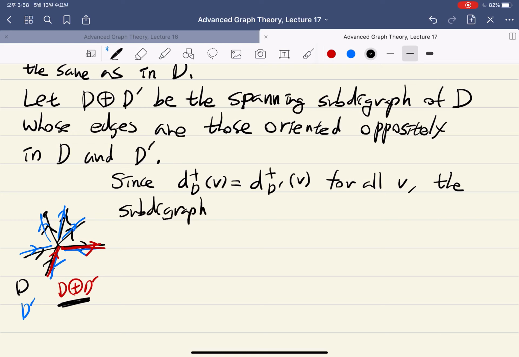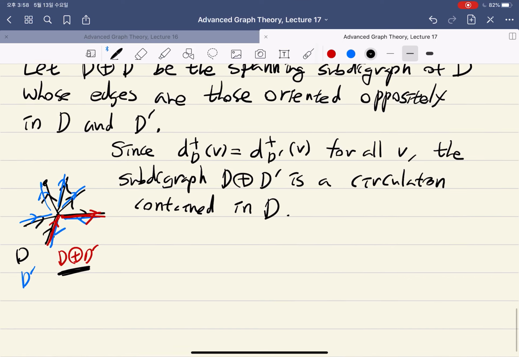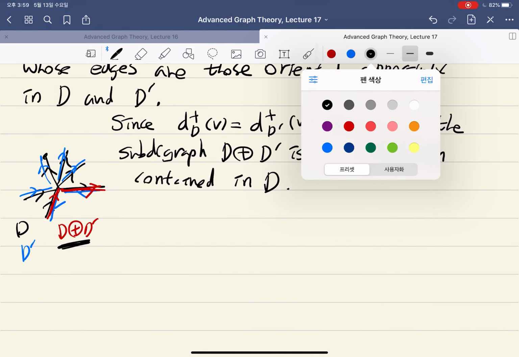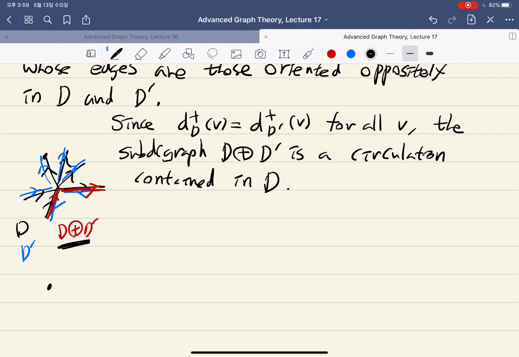The subdigraph D0 plus D prime is a circulation which is contained in D. Because here we know that the vertex B has out degree 4 in D, and then in D prime, it also has 4.